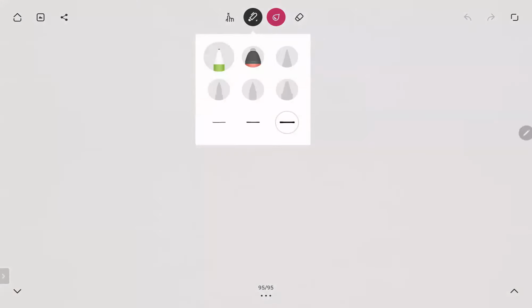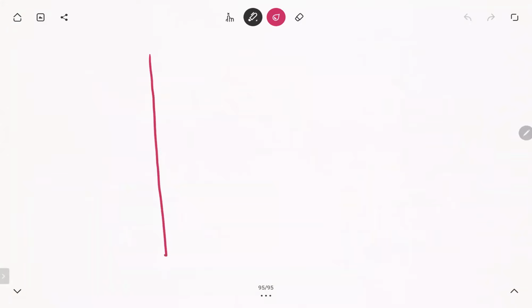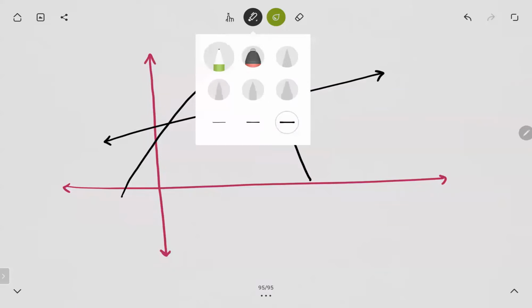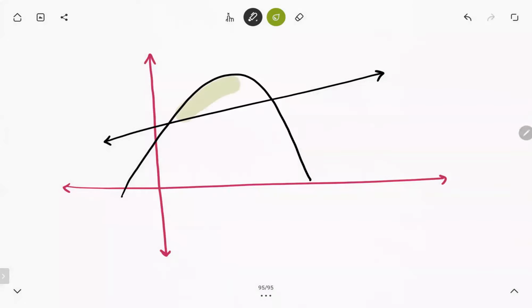Okay, last case we need to discuss. Suppose the equation of the curve and the equation of the line both are given.